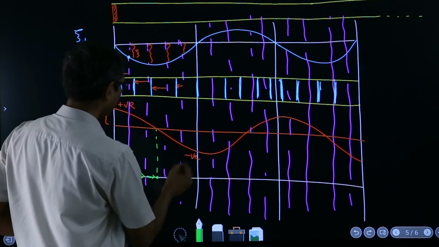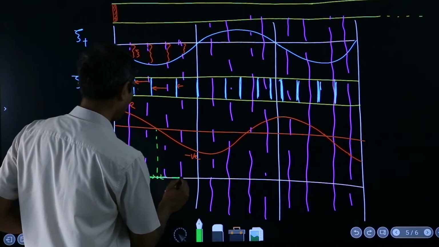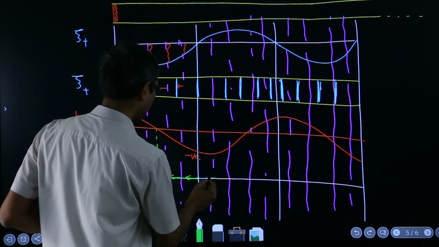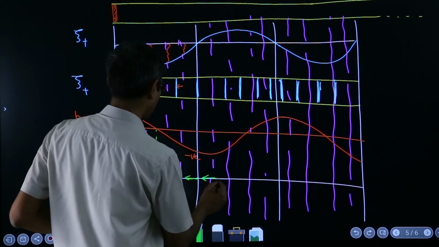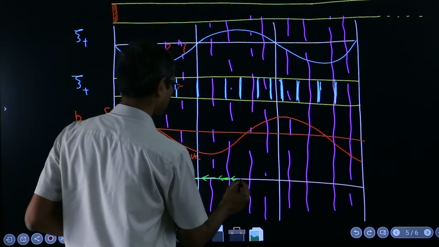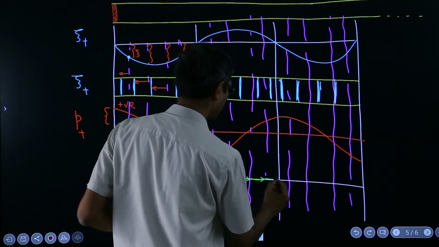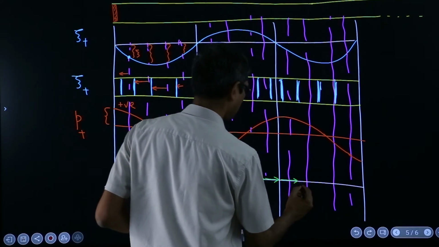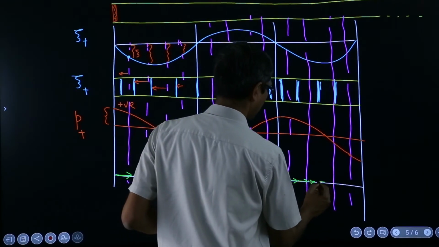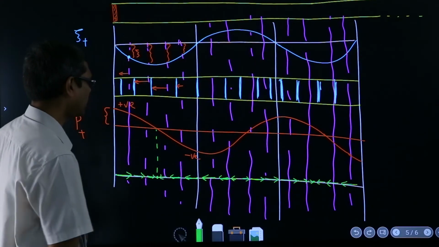And here the velocity will be negative and slightly bigger and much bigger, and similar velocity here and slightly smaller, very small. Then on this side, small, slightly bigger and much bigger, and much bigger, slightly bigger, very small, and small, like that. Okay.